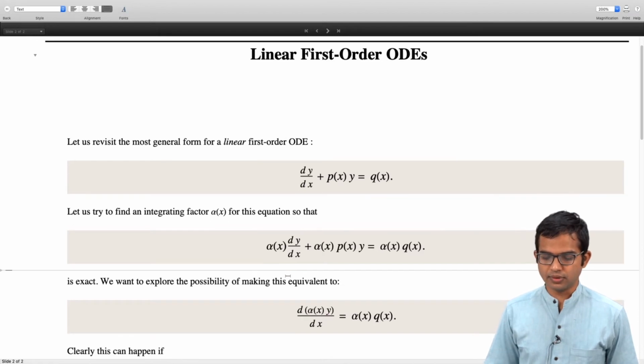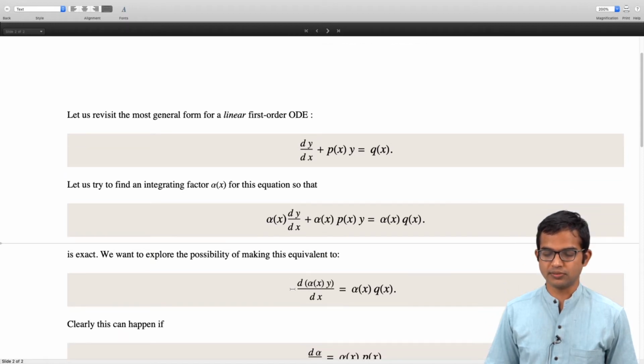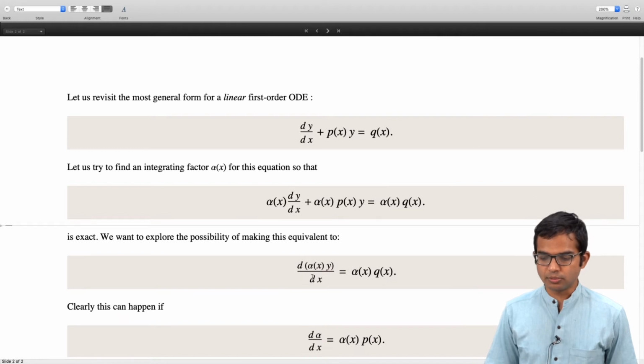And if we ask for this, it turns out, we have to just expand this and compare the left hand sides of these two equations, and then we immediately see that this would be possible if we choose our alpha such that d alpha by dx is equal to alpha times p, right? So in this equation, the first term is dy by dx.